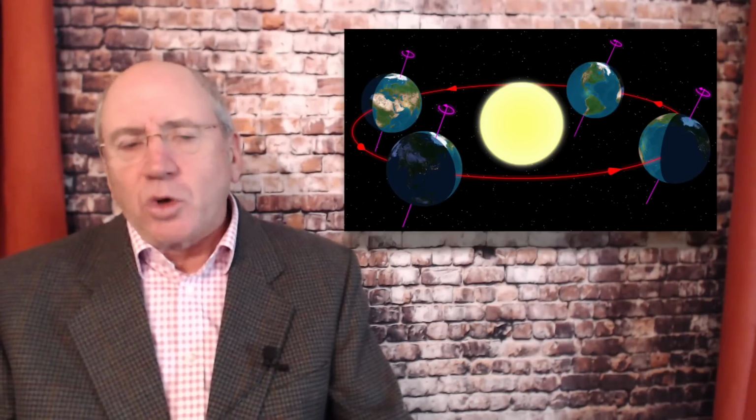The second orbital motion is eccentricity. And as you can see from this graphic, the orbit of the Earth is elliptical. But it changes from elliptical to almost circular with a cycle of about 100,000 years.